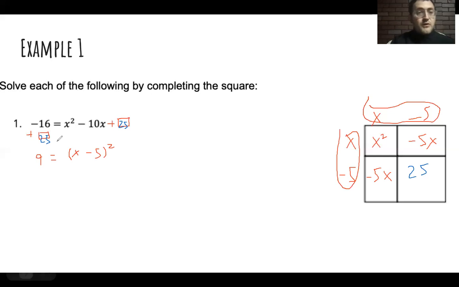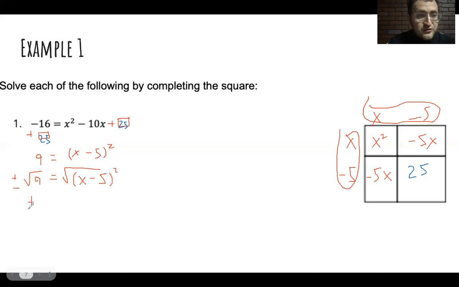And then we are going to take the square root so we can get that x by itself eventually. So when I do that, I'm going to do the square root of x minus 5 squared equals the square root of 9, plus or minus.